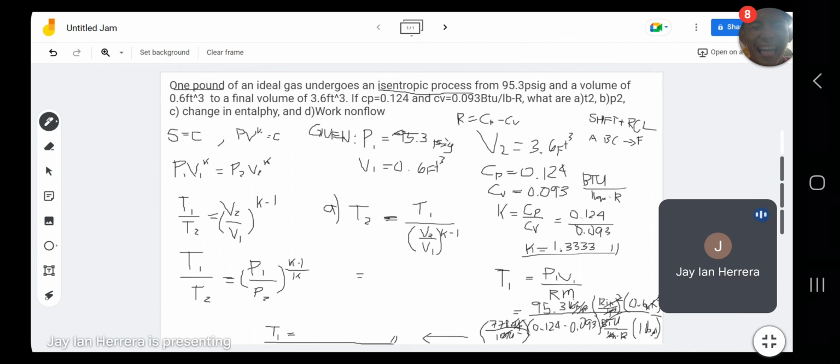Fraction, then 95.3 in the numerator, multiplied by 144, divided by 778, multiplied by 0.6, all over 0.124 minus 0.093. So we can get a temperature 1 of about 341.